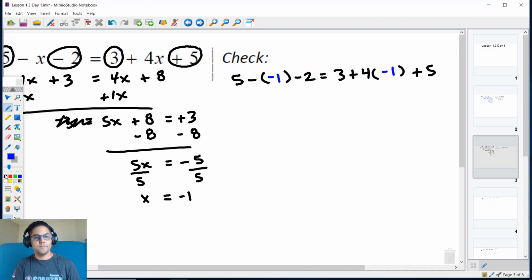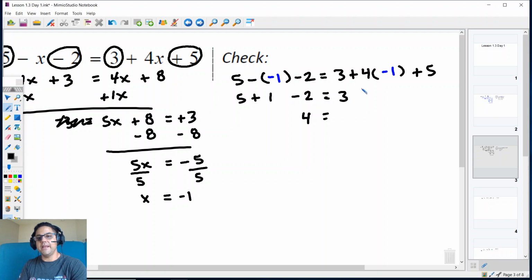All right, on the left side, adding the opposite really gives me a 5 plus 1 subtract 2. 6 subtract 2 is a 4. I think I should get a 4 also on the right side. Let's see here. 3 subtract a 4 plus a 5. 5 plus 3 is 8. Subtract 4 is a 4.